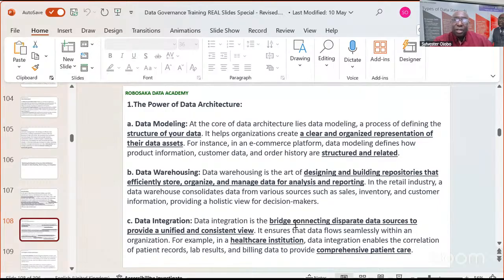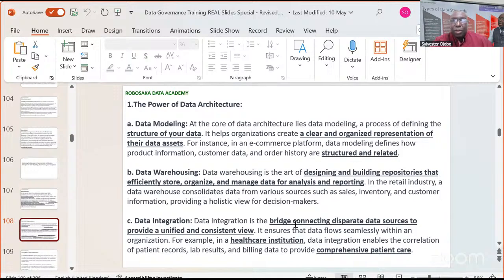So it is actually a structure for data to be effectively and efficiently stored, well organized, as Paul said as well, and well managed for greater analysis and reporting.